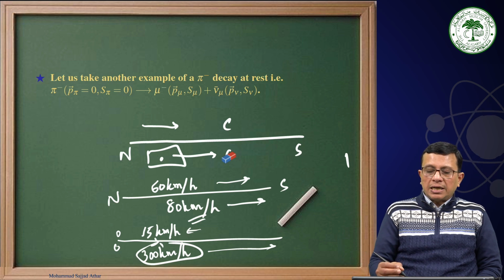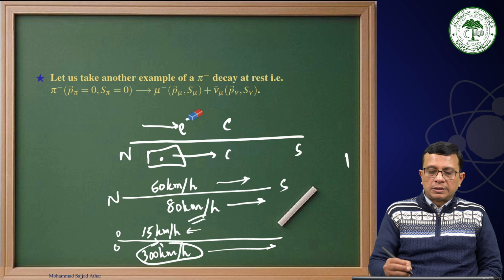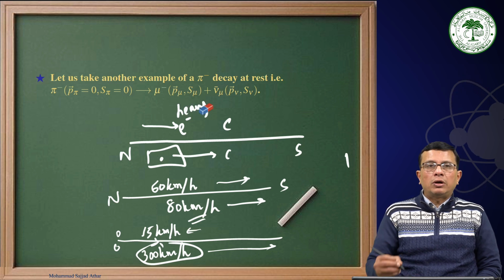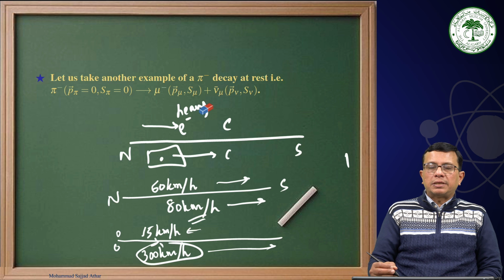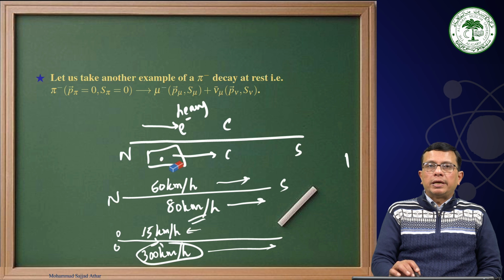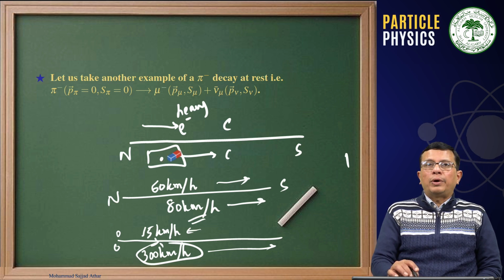If instead I talk about an electron and a heavy particle, a muon, which is 200 times more massive, then since the electron is also not very massive, 0.5 MeV, it is something like the cases I have dealt with.